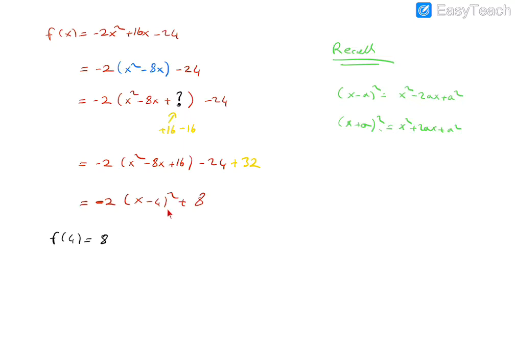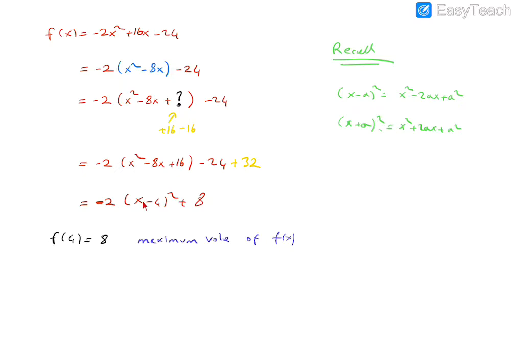So we subtract some value from the 8. So it makes the f of x value smaller than the 8. So f of 4, which is 8, is the maximum value of f of x. If it were positive, it would be the minimum value, because you would always add some positive term to the 8, okay?